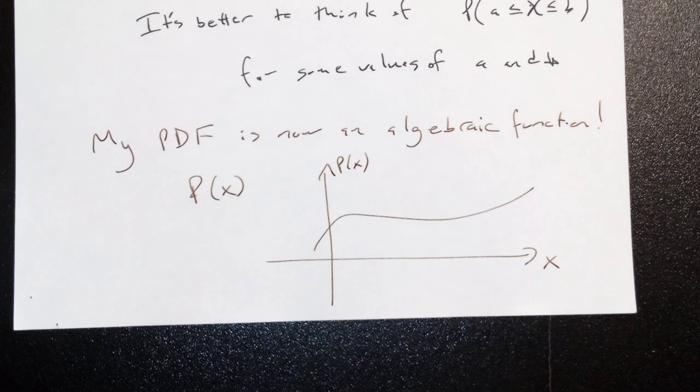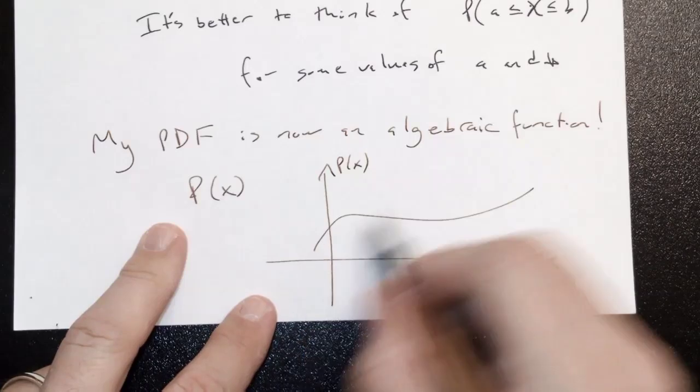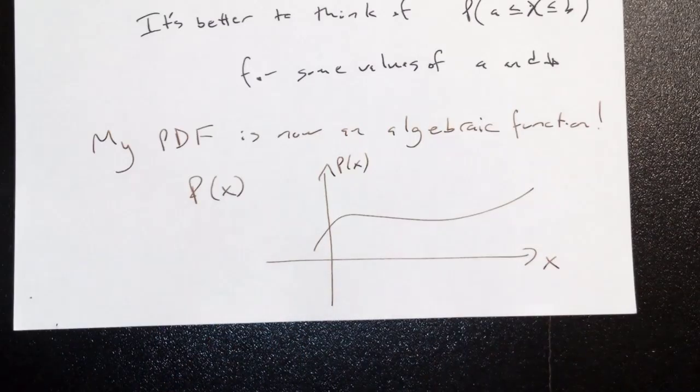But then I can say, I need to know about this function to make it a valid probability distribution. I still want my rules for a PDF to hold true. Rules for a PDF. Stuff we did a little over a week ago when we started chapter 6 told me I need to know two things.